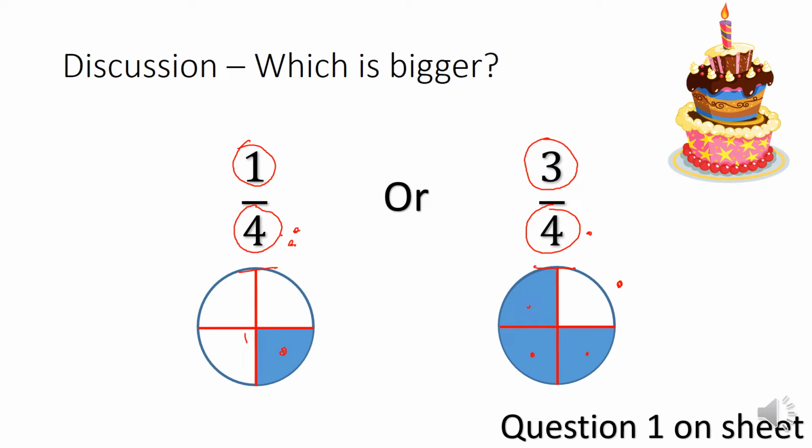So if you've got more parts, so 3 is bigger than 1, we've got more with the 3/4 than we have with the 1/4. So this is going to be really important for what we're doing today. If you've got the same denominator, if the numerator is bigger, you've got more, it's bigger.